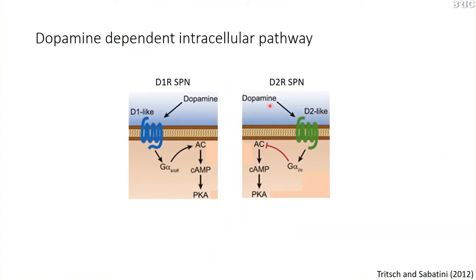Therefore, dopamine binding to D2 receptor suppresses the activity of adenylyl cyclase, level of cAMP, and suppresses PKA activity. PKA is a particularly interesting downstream target of dopamine because it has been studied and implicated in plasticity by many studies via changing conductance of various ion channels and also changing transcriptional profile.